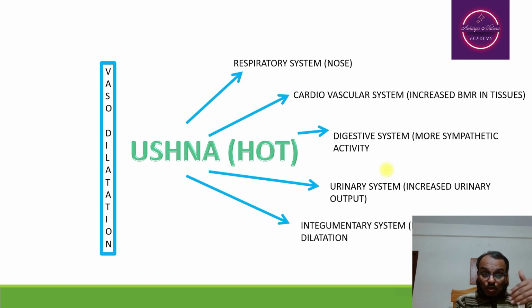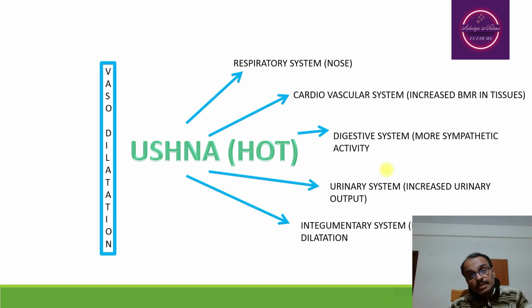The Ushna quality, in terms of the respiratory system: the hot air will be entering into the nose, thereby we expect peripheral vasodilatation in the nose, resulting in nasal bleeding. In the cardiovascular system, the basal metabolic rate is going to increase, responsible for increased production of metabolites as well as increased generation of heat.